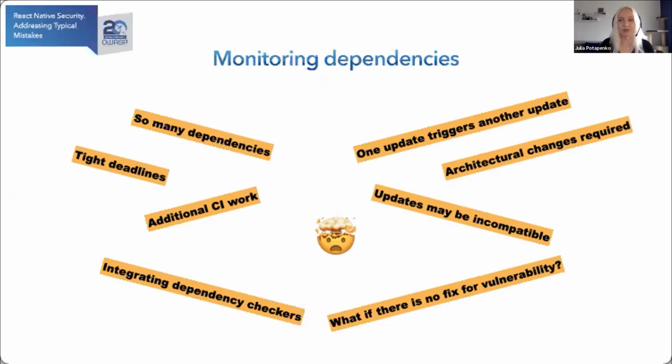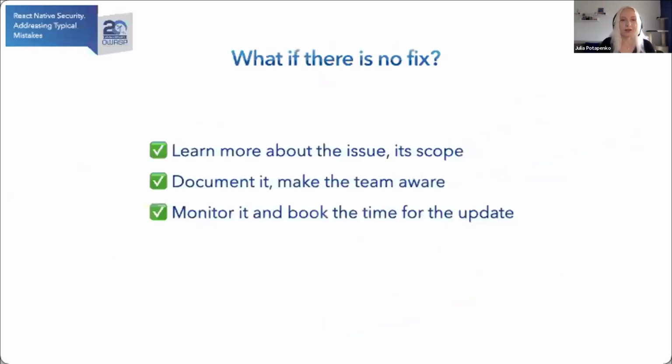So what should you do in such a situation? First, we suggest you understand the scope of such vulnerabilities, because sometimes these are just false positives. If you use React Native for iOS and Android, you should consider that it is also used for web, and probably you do not use web parts, so maybe web vulnerabilities are not relevant to your project.